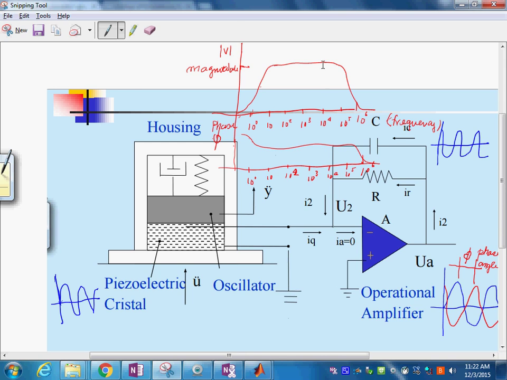Both of these plots are Bode plots. So on a Bode plot, you always get the amplitude plot and you also get the phase plot.